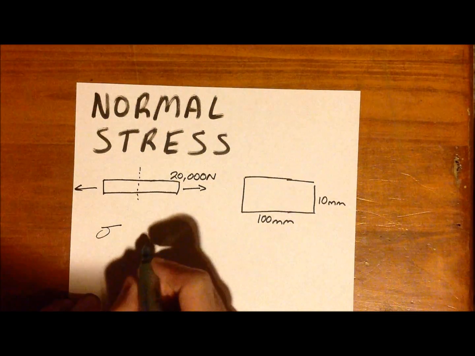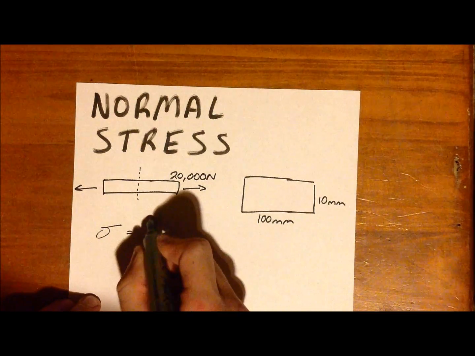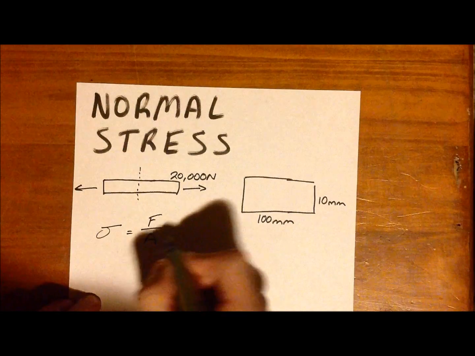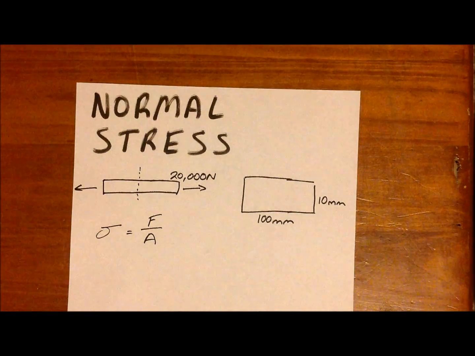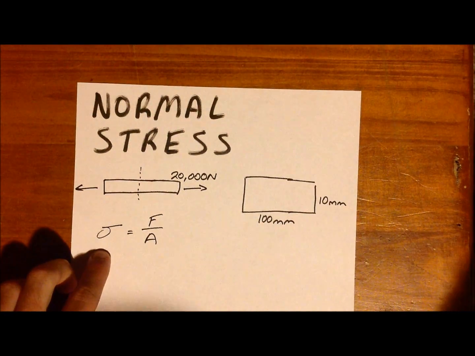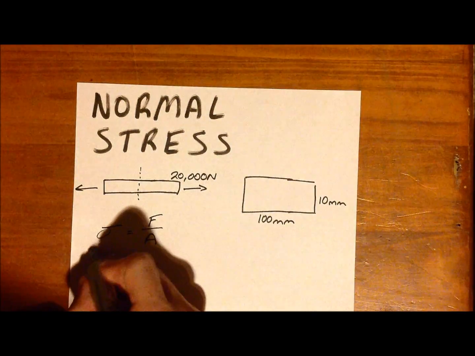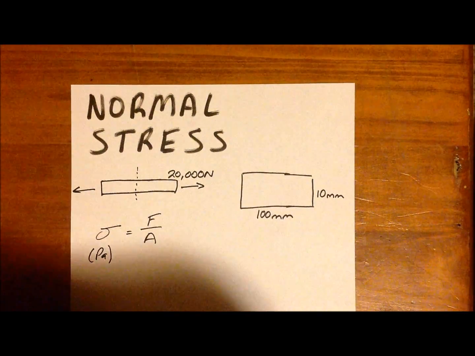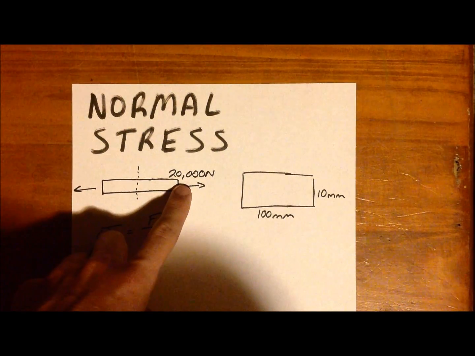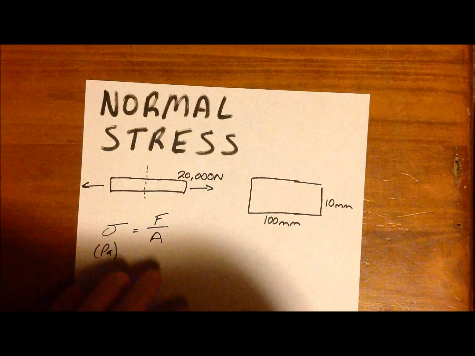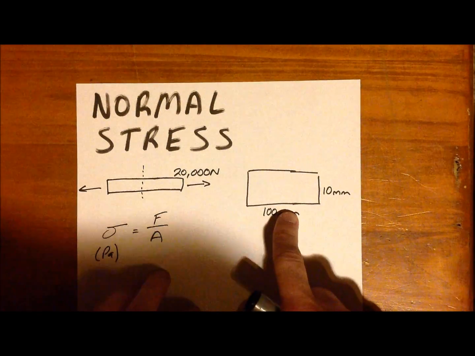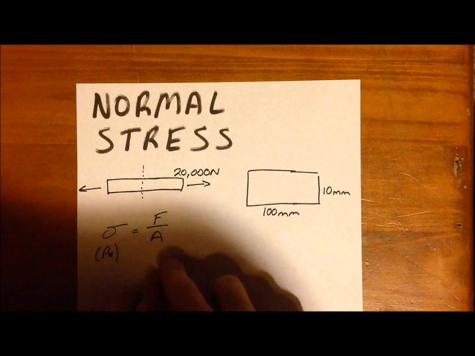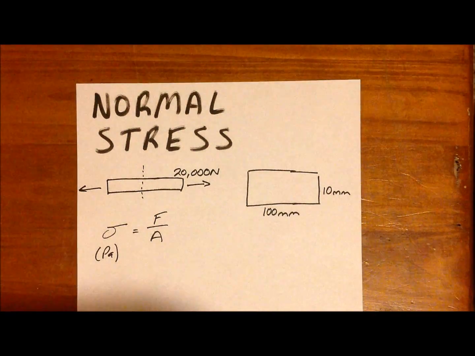Stress, given by sigma, is equal to force over area. In this case, our stress will be in pascals, or units of pressure. Our force comes from these newtons here, so 20,000. Our area is our cross-sectional area, which we can calculate as we do the equation. So we'll do that now.